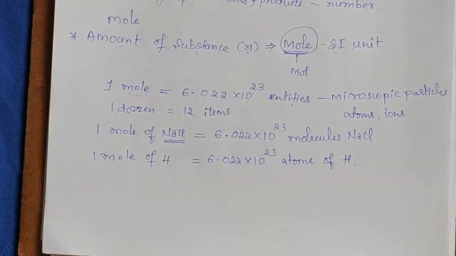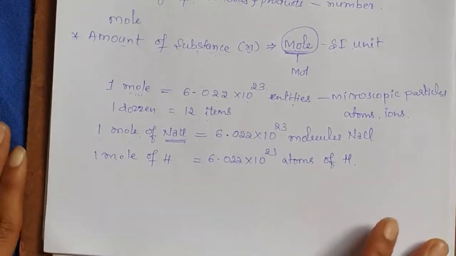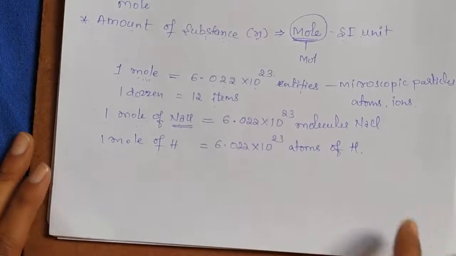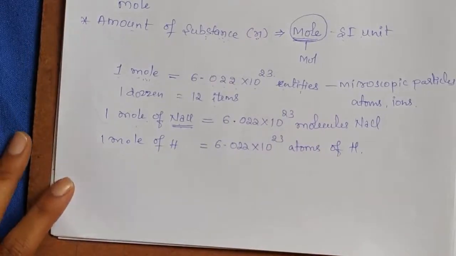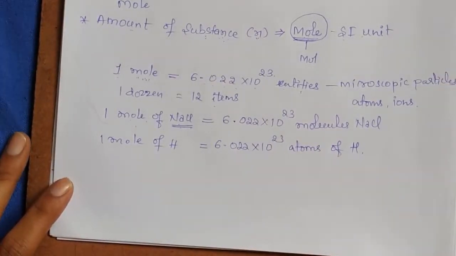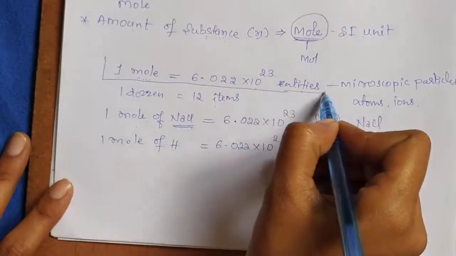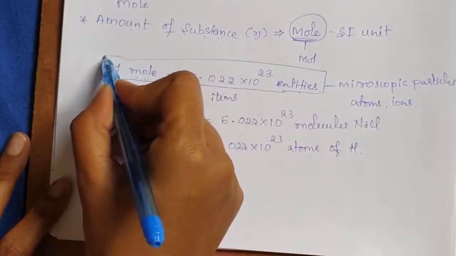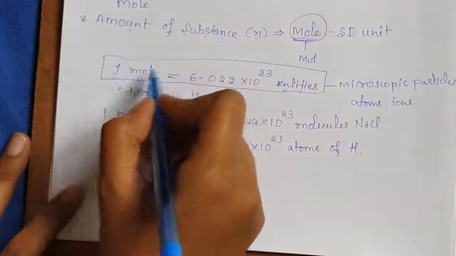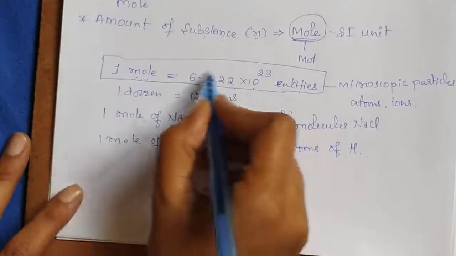Like this, 1 mole of any substance you take has 6.022 into 10 raised to 23 entities. Children, remember this, it is very important and it is basic too.